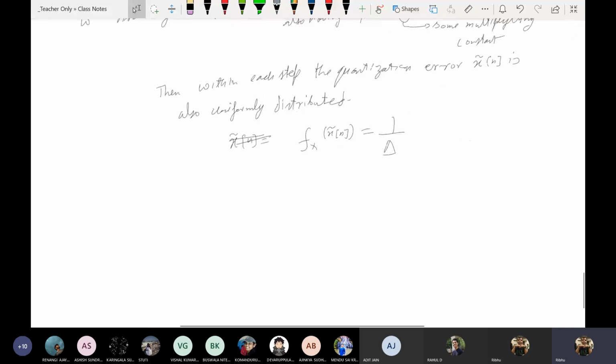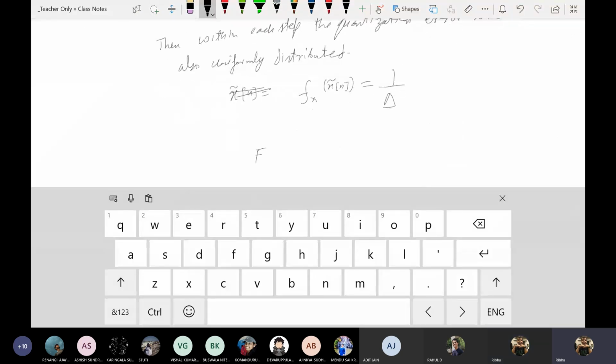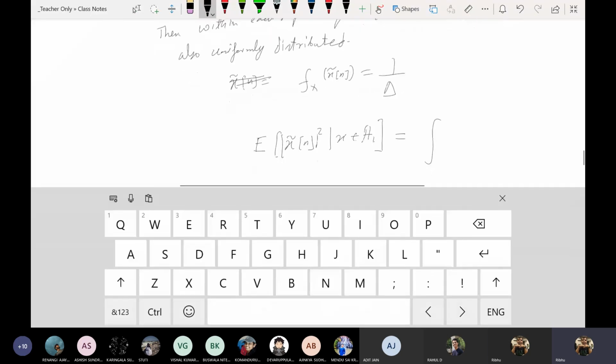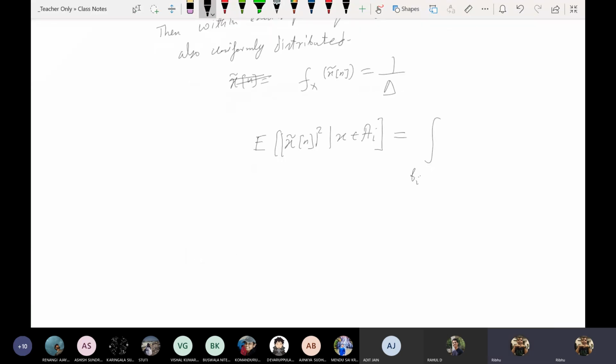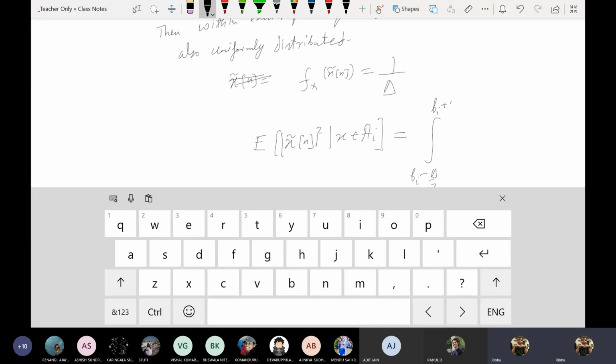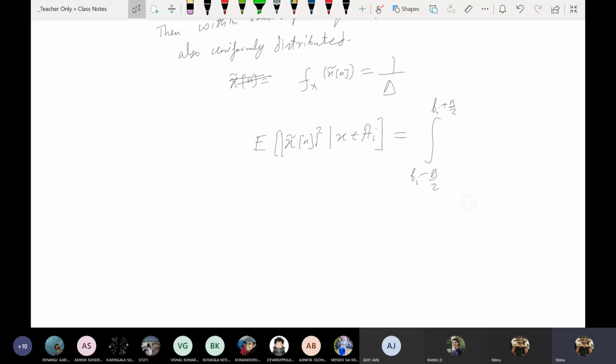And therefore expectation of x tilde n squared given x in ai equals, basically, the integral from bi minus delta by 2 to bi plus delta by 2 of (x minus bi) whole square dx, into 1 by delta. Yeah, into 1 by delta. My apologies.